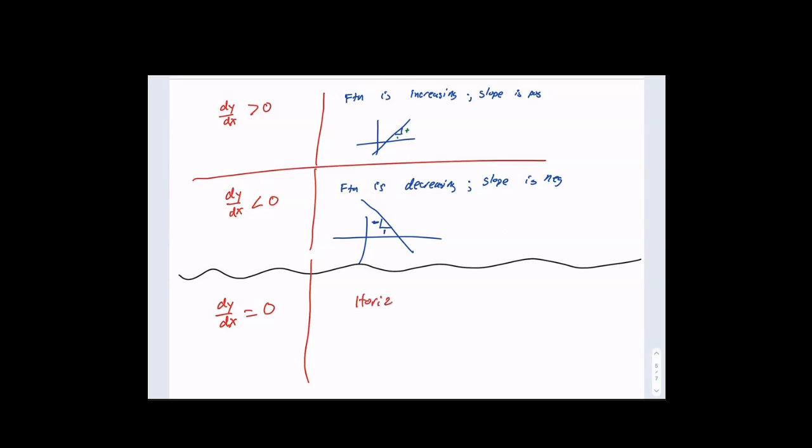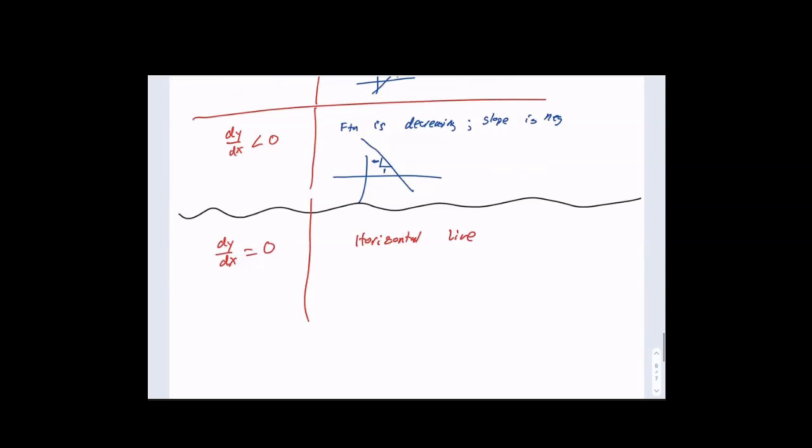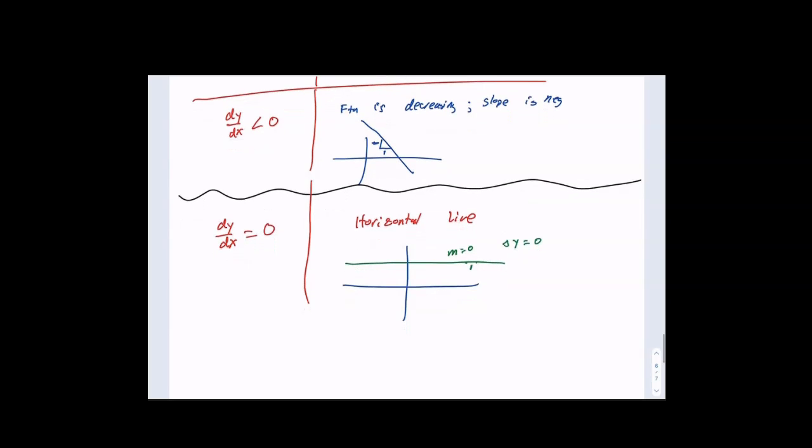Yes. It's a horizontal line. Perfect. And a horizontal line looks like this. The slope is 0 because when you go over by 1 unit, delta y is 0 in this case.